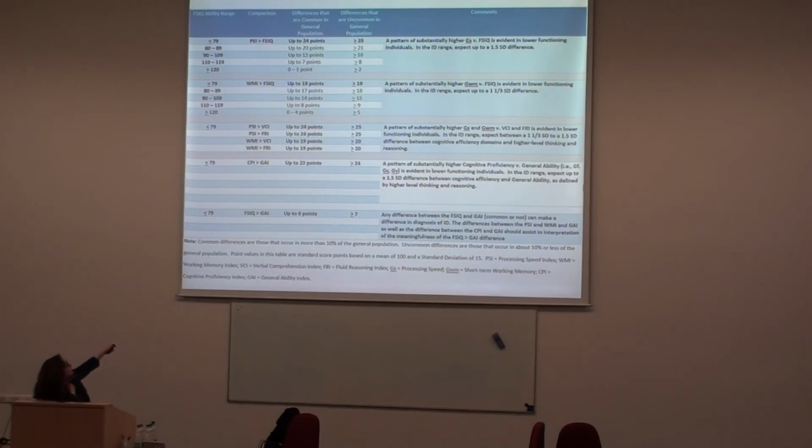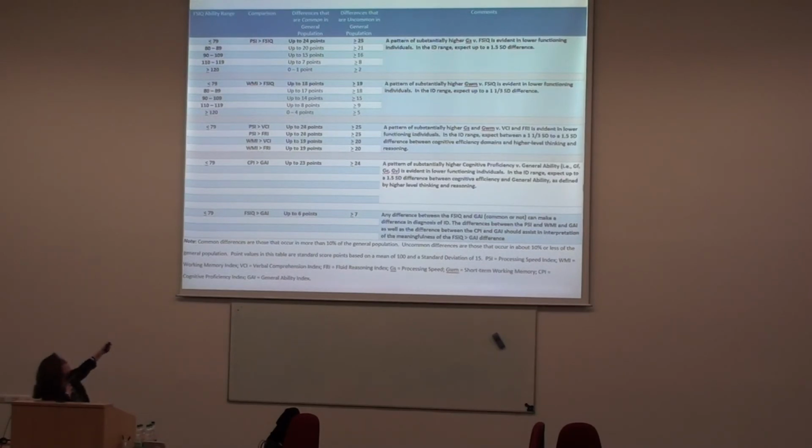Processing speed versus fluid reasoning, up to 24 points higher, that's typical. Memory areas, up to 19 points higher than your crystallized intelligence. So you should expect GS and GSM to be higher than your general ability to think and reason.